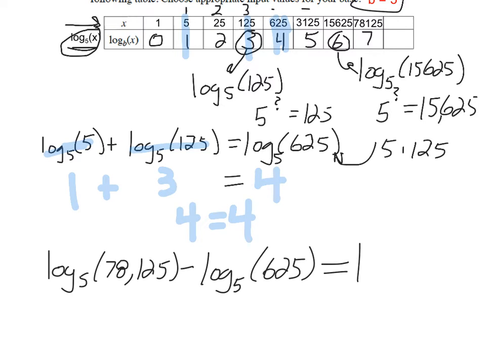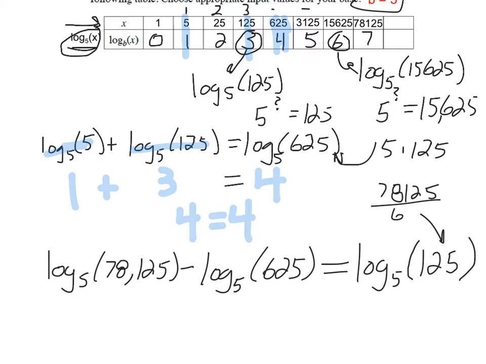Does that equal the log base 5 of 78,125 divided by 625, which is 125? So this value, 78,125 divided by 625. Let's check this out.